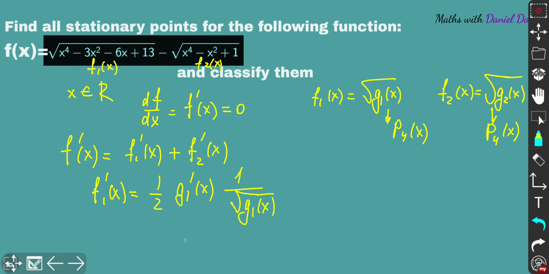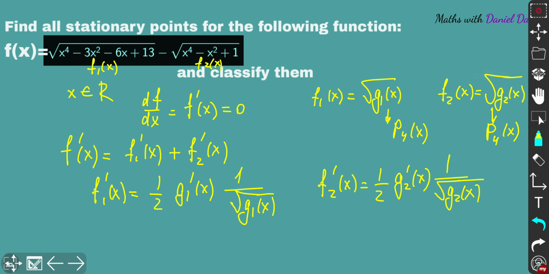We use the compound rule, the chain rule, here. The second one, f2 prime from x, has the same structure: 1 over 2 times g2 prime from x times 1 over the square root of g2 from x.